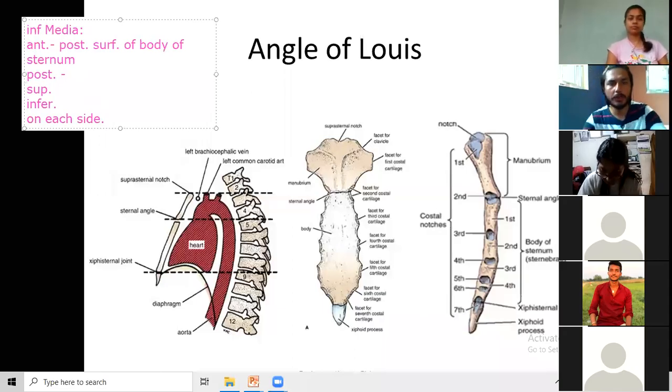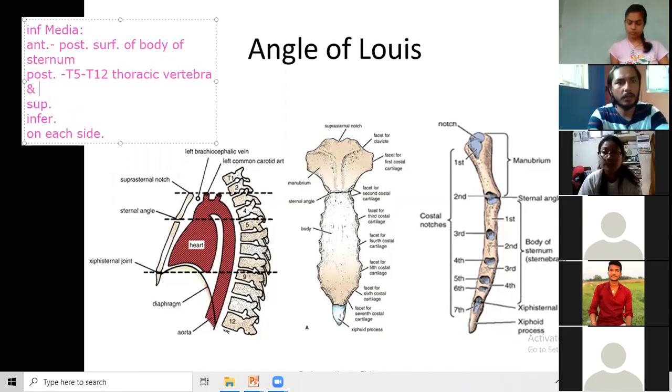Then the posterior boundary is by T5 to T12 thoracic vertebrae and adjoining intervertebral disc. The superior boundary is formed by the transverse thoracic plane.